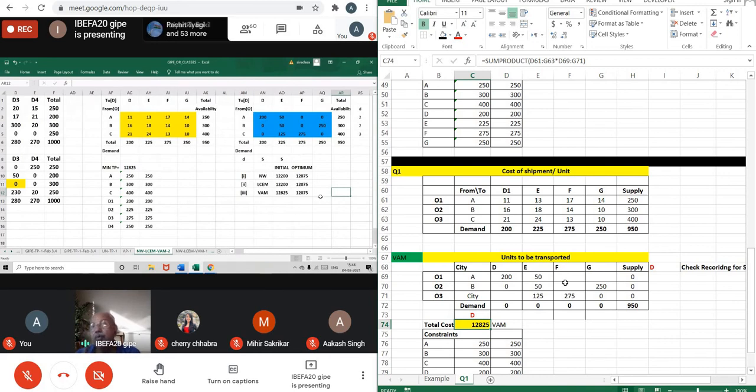In the class we do it on the board by hand. When we do a problem like this in class, we don't want solver. But in online class, it is not possible. So every method is initial, but solver is the final. That is the UV procedure, basic cell, non-basic cell, and many things come.